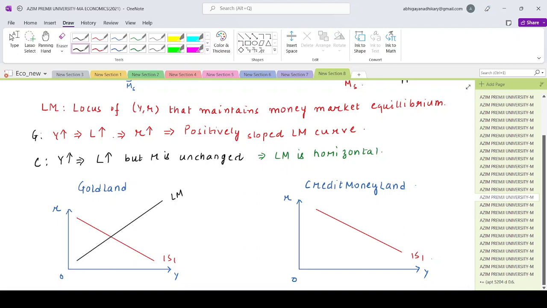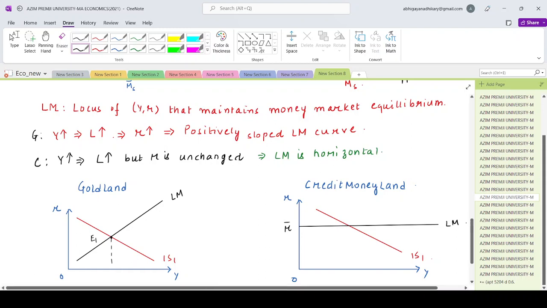But for Credit Money Land, we have a flat, horizontal LM, with the interest rate fixed at R bar. So this is your initial equilibrium E1 and output is at Y1. Since everything is the same, the initial equilibrium E1 and our output here is also Y1.